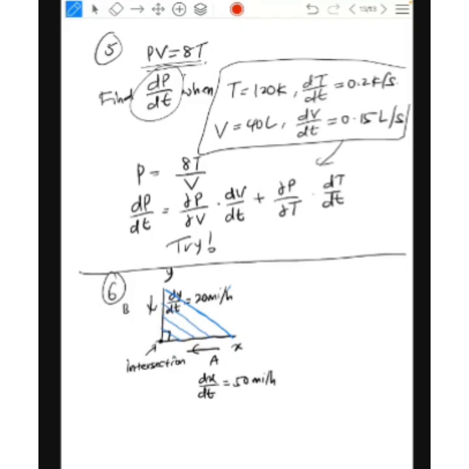The distance keeps getting smaller. Likewise, as it's approaching the intersection, the distance will be decreasing. Let's say this distance is D. We use the Pythagoras theorem: D is the square root of x squared plus y squared. So use this formula.